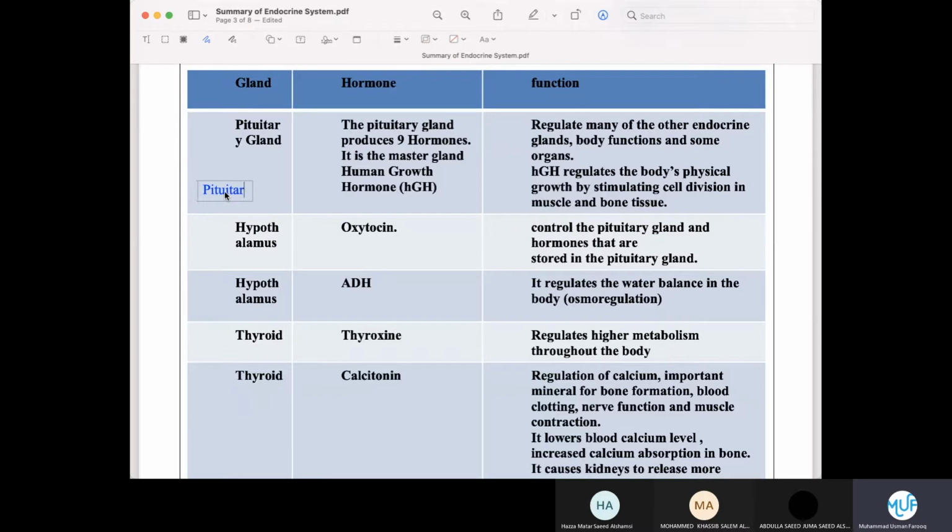Pituitary gland, so that they come in one row. And the second one is hypothalamus. It should also come in one statement. Hypothalamus.